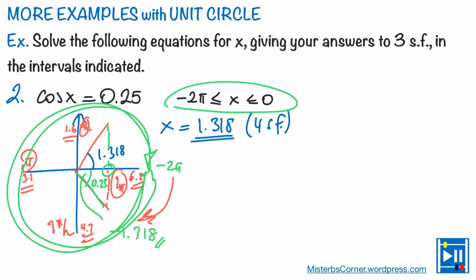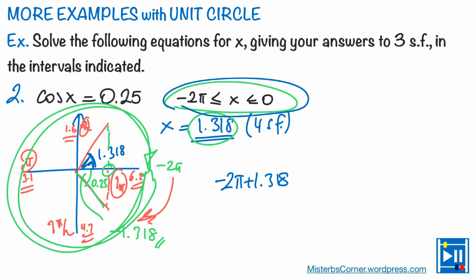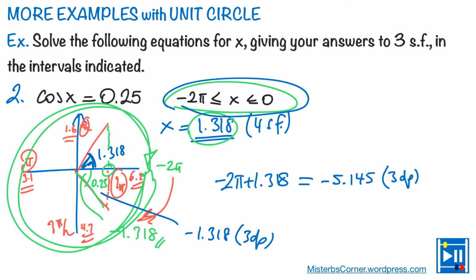So what I'm trying to say is I have to write this one to calculate this angle here within the interval. So I'm going to get minus 5.145 up to 3 dp. And then I have minus 1.318 with 3 dp. So this angle is already in the given interval. So basically I have two answers. One is this one, the other one is this one.